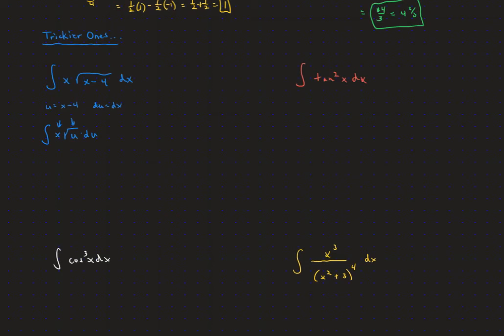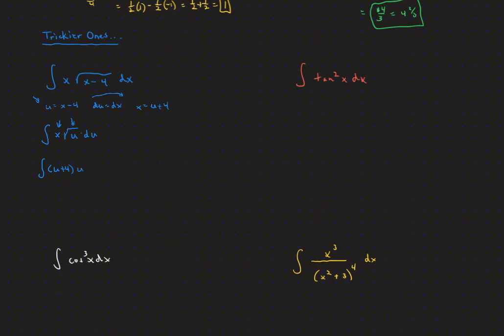So the trick is when you look back at your U-substitution, you can see from here that x, if we add the 4 to the other side, is actually u plus 4. So we are going to replace that x by a u plus 4.